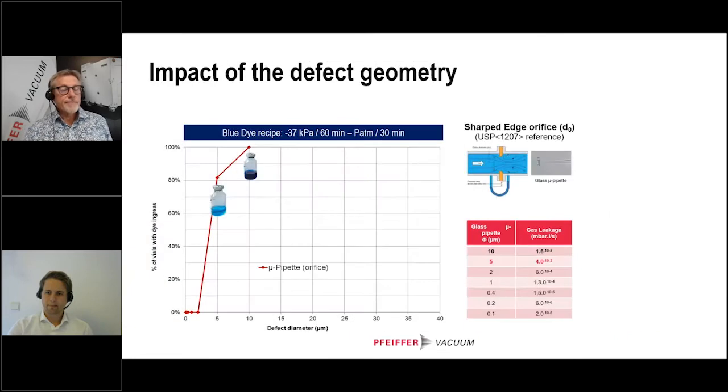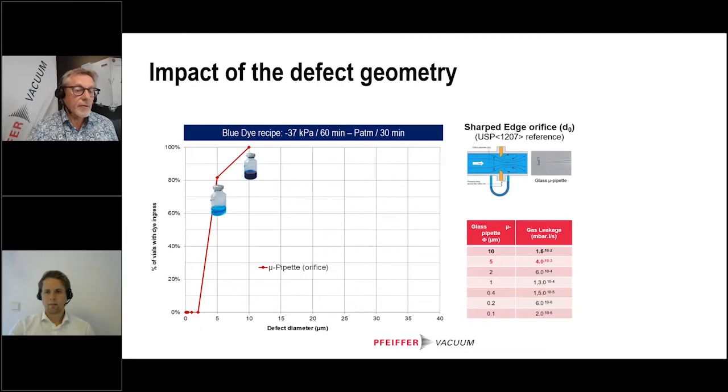So here is the result of this study. And just to illustrate the impact of the defect geometry, you see here the detection limit of our blue dye recipe, as I already explained, on vials with micropipettes.